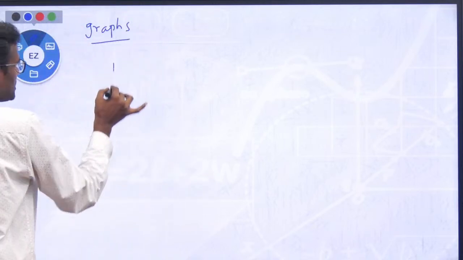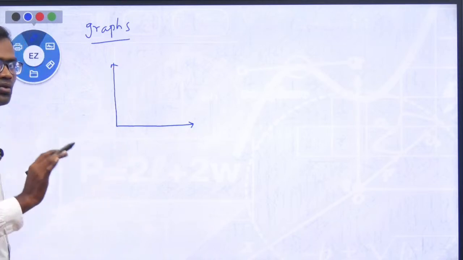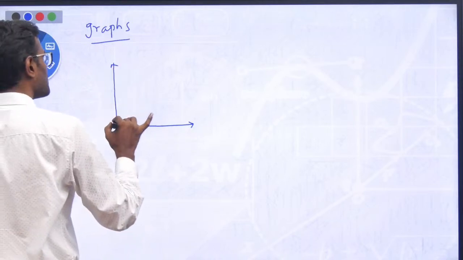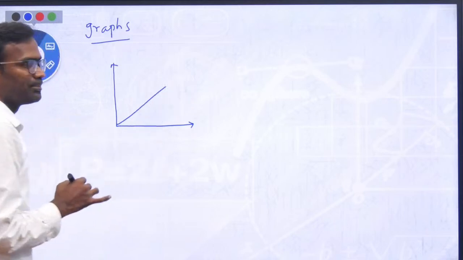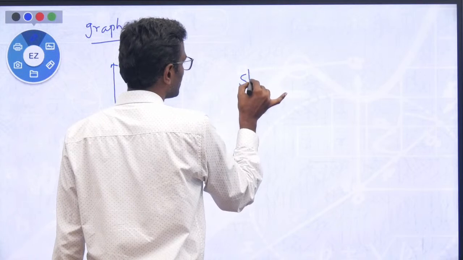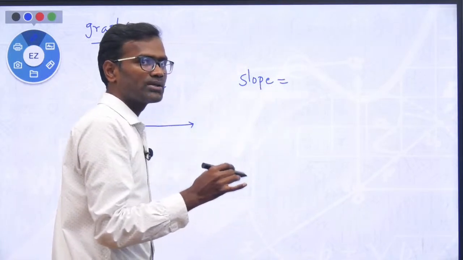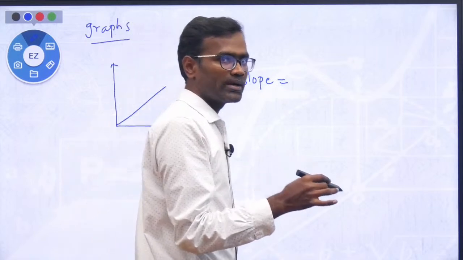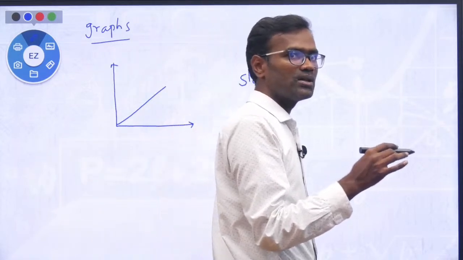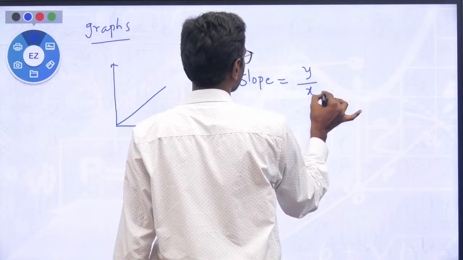I need to discuss only two terminologies here, that is slope and area. So what is slope? Slope is equal to change in y coordinates by change in x coordinates. So simply we'll write y by x.